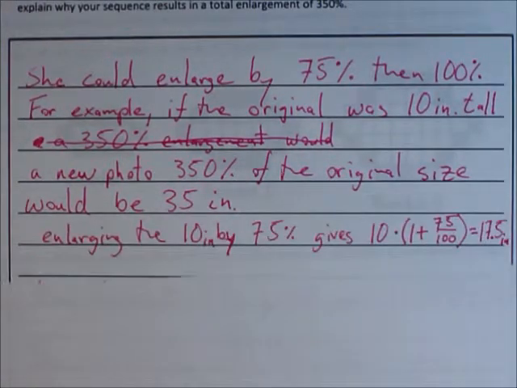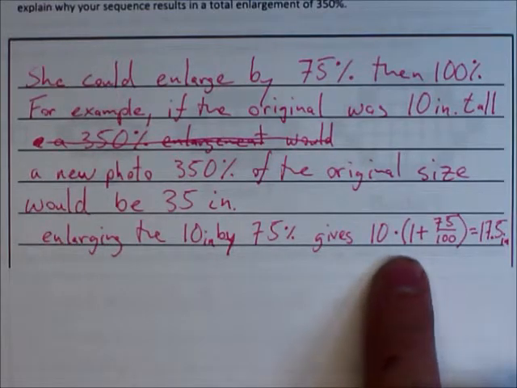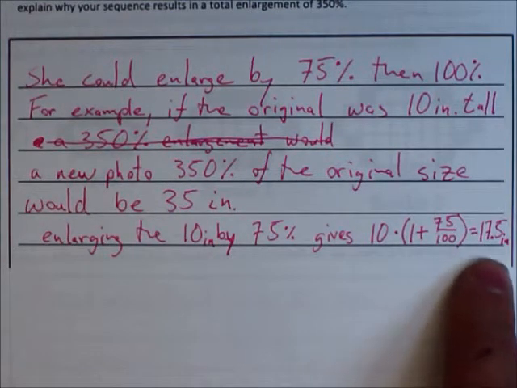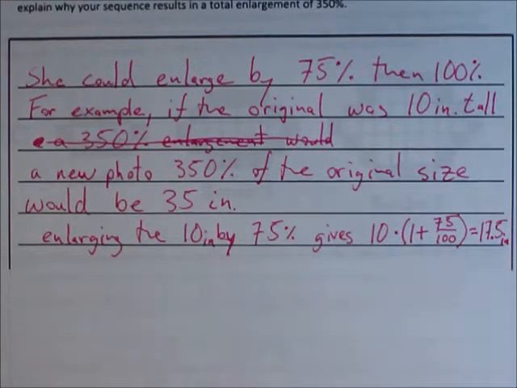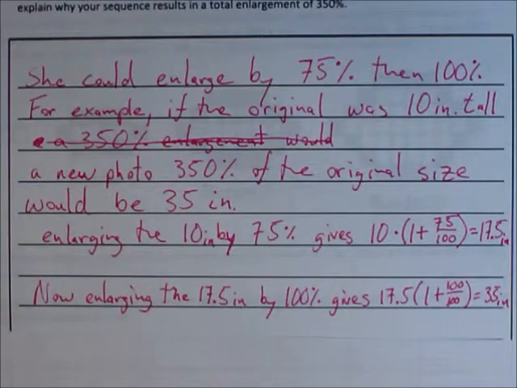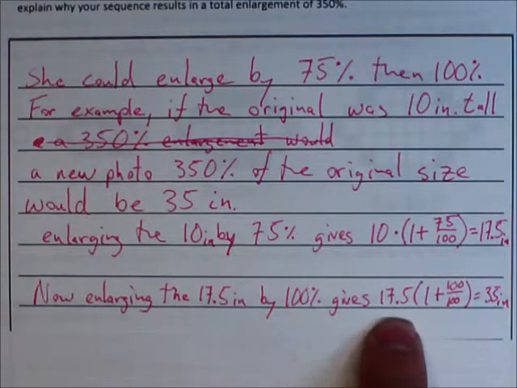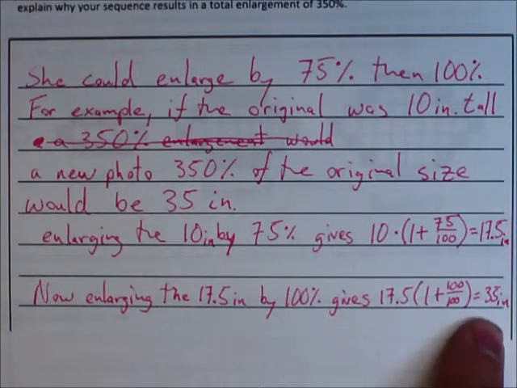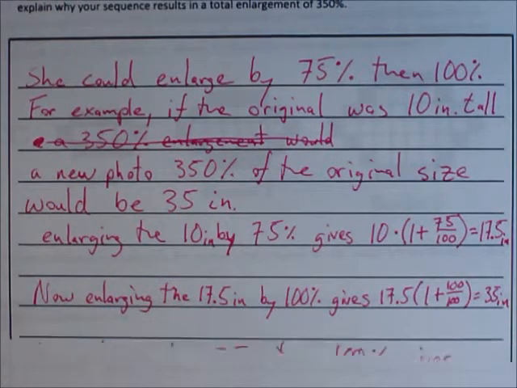Enlarging the 10 inches by 75% gives, and I wrote out my calculation, 10 times 1 plus 75 over 100, and I get 17.5 inches. Now enlarging the 17.5 inches by 100% gives, and I show another calculation, 17.5 times 1 plus 100 over 100, which gives us 35 inches.